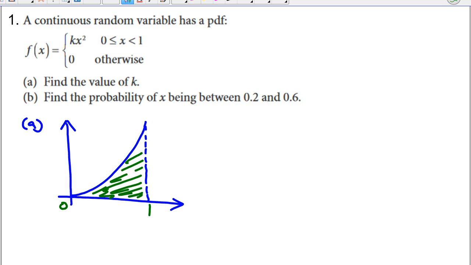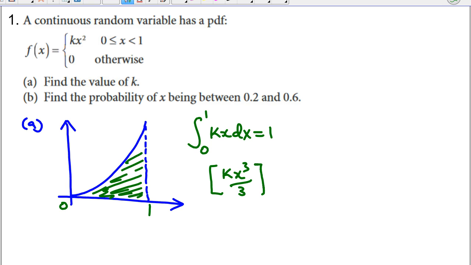So I'll start by writing this integral from 0 to 1 of kx squared with respect to x is equal to 1. If you integrate that and work that out, that will be k over 3 equals 1, which means that k is equal to 3.